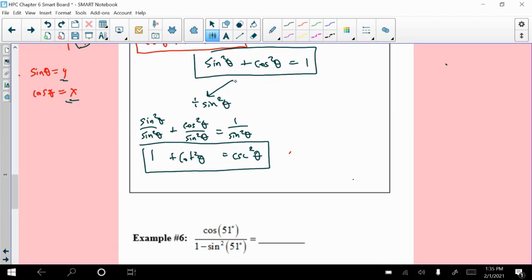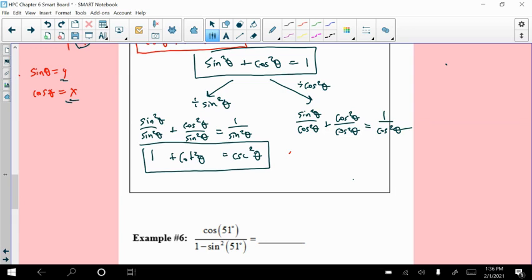And then, if I divide by sine squared in that direction, logic might tell me that I could divide by cosine squared to derive the third one. So I'm going to divide each of those terms by cosine squared. Here's the work: sine squared theta divided by cosine squared theta plus cosine squared theta divided by cosine squared theta equals 1 divided by cosine squared theta.